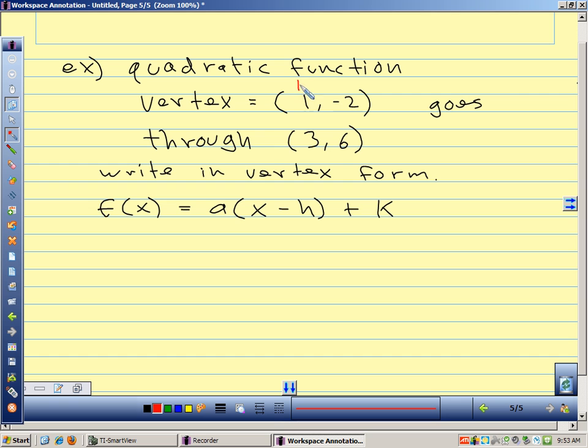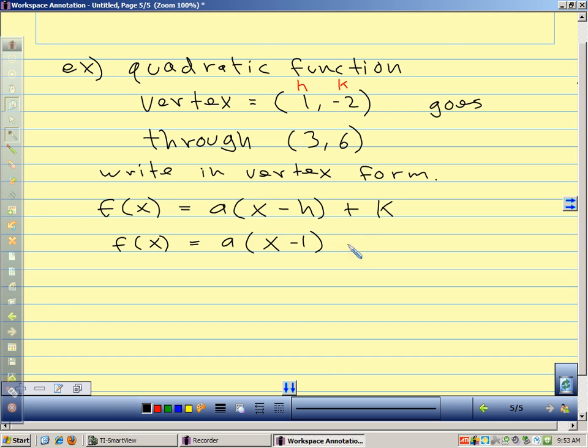This is h, and this is k. So let's write our function with h and k in there. We know that our function is going to look like f of x equals a times x minus 1 minus 2. So I'm just substituting h and k into my function.